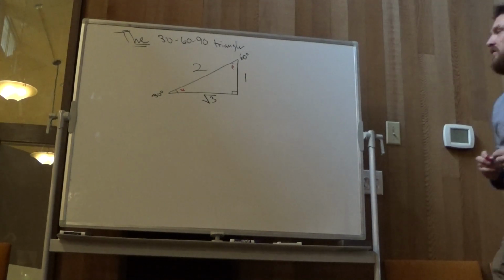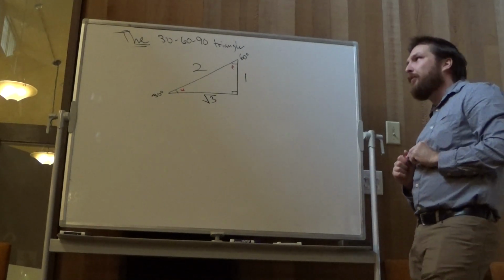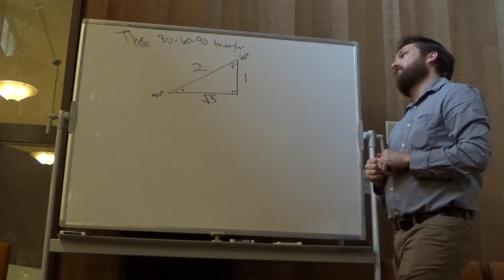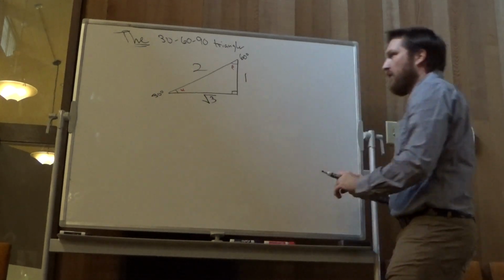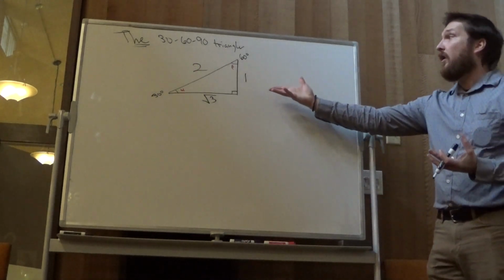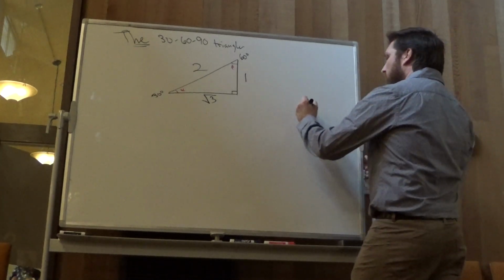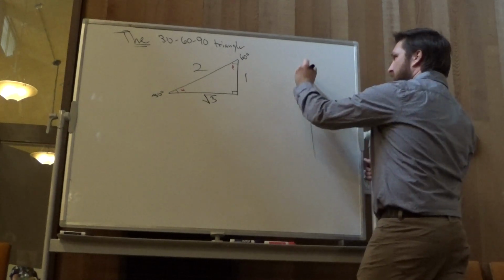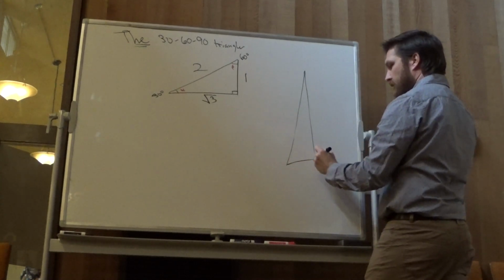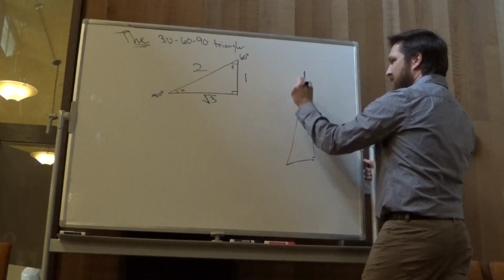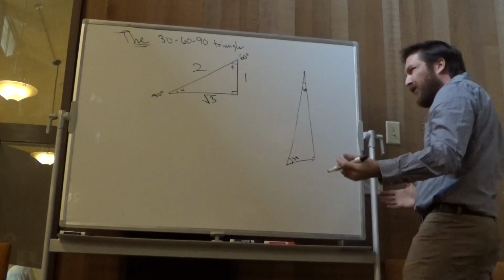I will put on your quiz, draw and label the 30, 60, 90 triangle. And again, obviously, I didn't measure this out. Well, actually, I did with this one. So that's actually not bad. But as long as you don't do something like this, call this 60 degrees and call that 30 degrees.